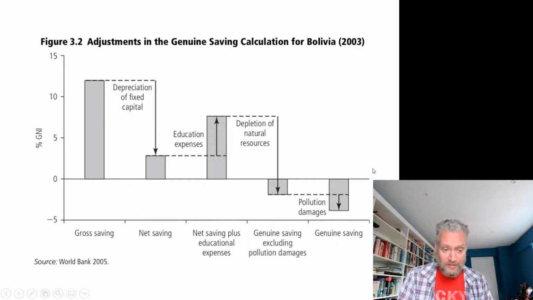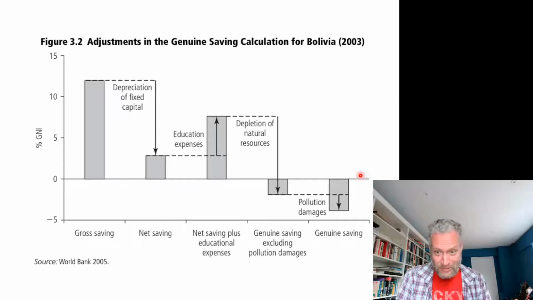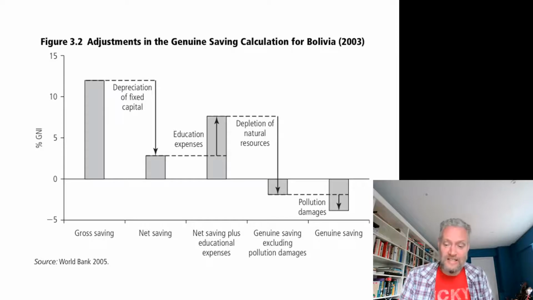But then when you start correcting for environmental stuff, for extraction of natural resources and for pollution, then actually it seems as if Bolivia is growing at the expense of its assets. It's essentially running down its assets. It's sweating its assets. It's not making real money. And that is, of course, an important insight.